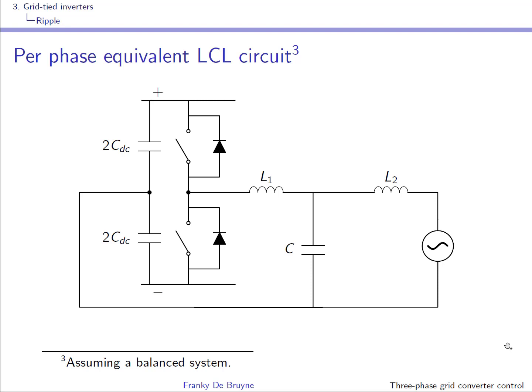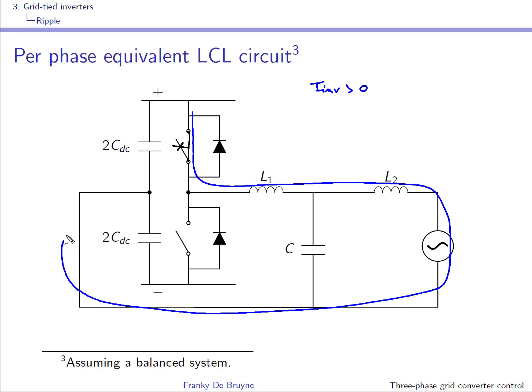As you can see here, the transistor has been replaced by an ideal switch, and suppose here that the top transistor is closed. Let's have a look at the path of the current, and we'll first assume that the inverter current is positive. Remember that when it's positive, it's flowing out of the inverter, so the path of the current will be something like that.